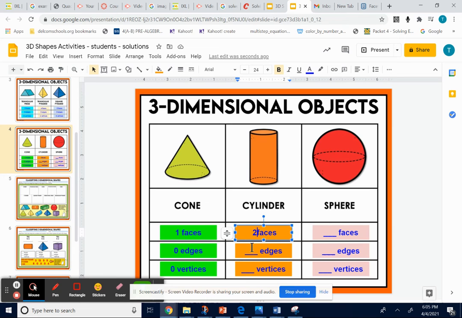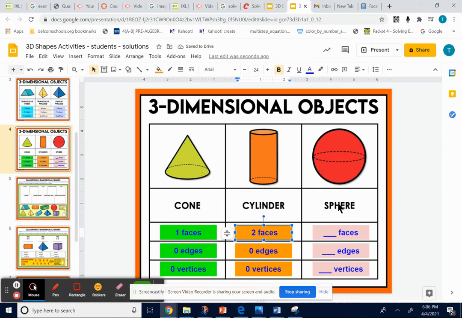Okay, the edges. There are no edges because there's never a place where the two faces meet each other. The face on the top and the face on the bottom never meet each other. So there's zero edges. And there's also zero vertices, because there's no point where two faces meet.